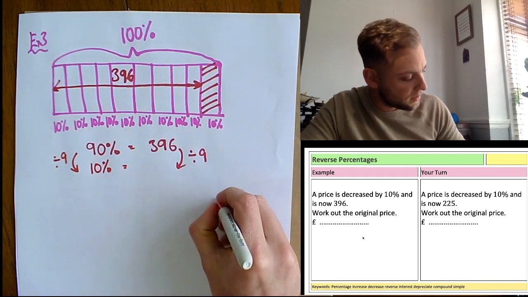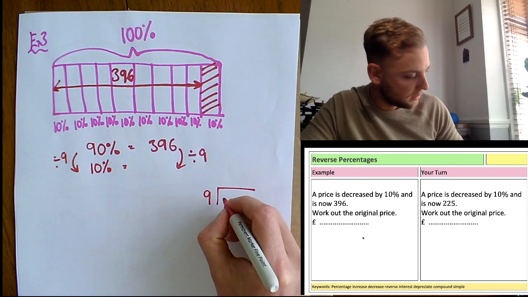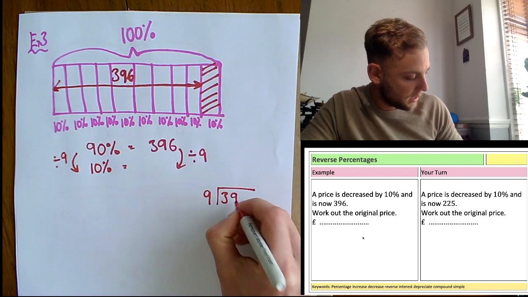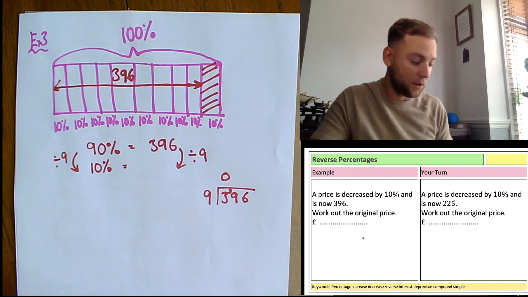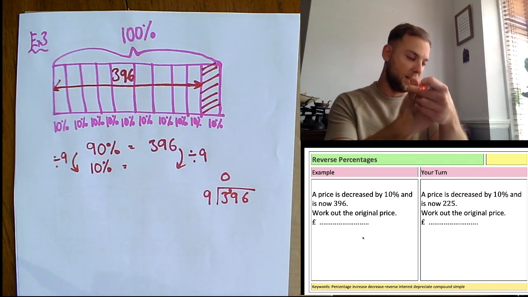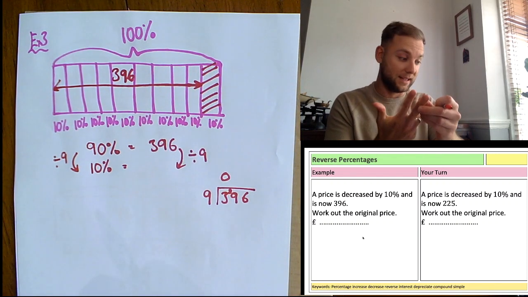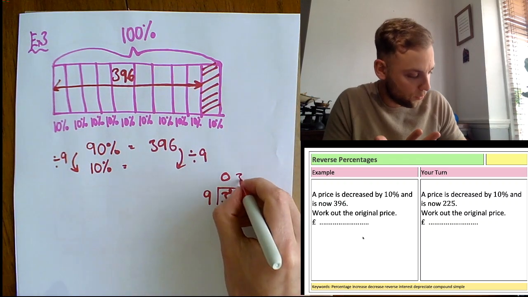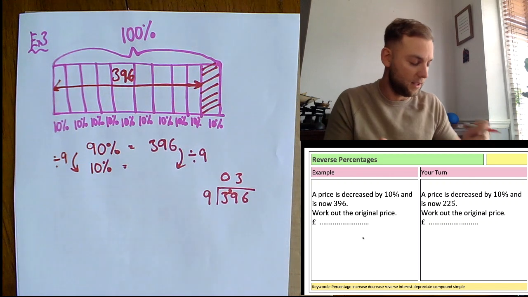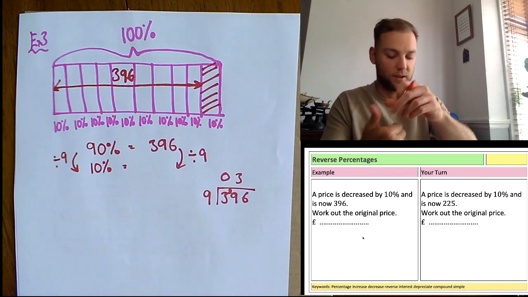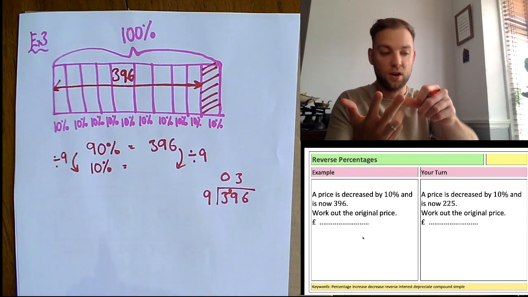So let's do that on the side, because remember this is a non-calculator. 3, 9, 6. So how many times does 9 go into 3? It doesn't. How many times does 9 go into 39? Well, it's going to be 9, 18, 27, 36.